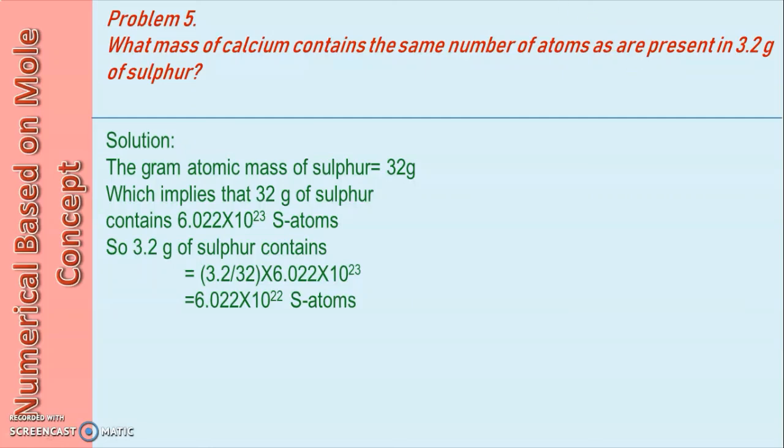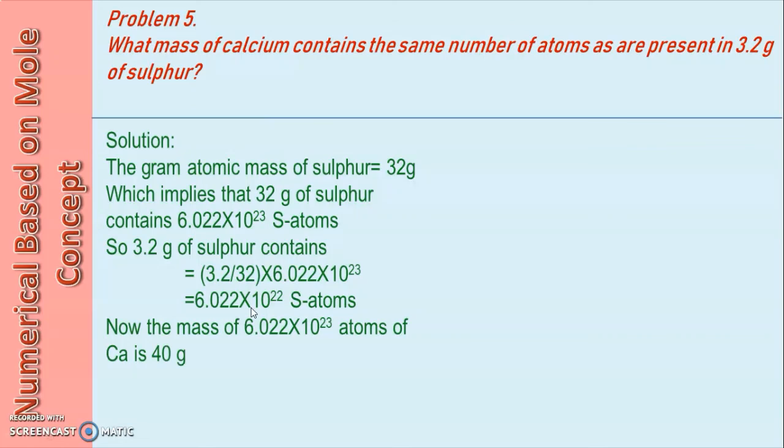Now our question is, what is the mass of calcium when its number of atoms is this much, 6.022 into 10 to the power 22? The atomic mass of calcium is 40.